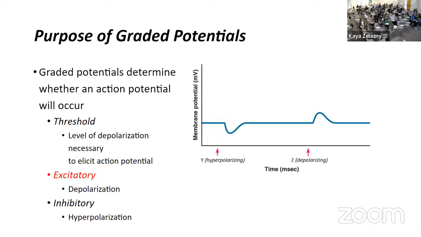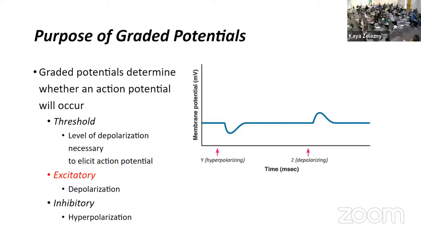Okay. So for our graded potentials, we're adding together stimuli to figure out whether we're going to fire off an action potential or not. So whether we're going to communicate with another neuron or potentially a muscle cell at all. We're doing this based on the signals, the stimuli we get coming in that cause local changes to our membrane.